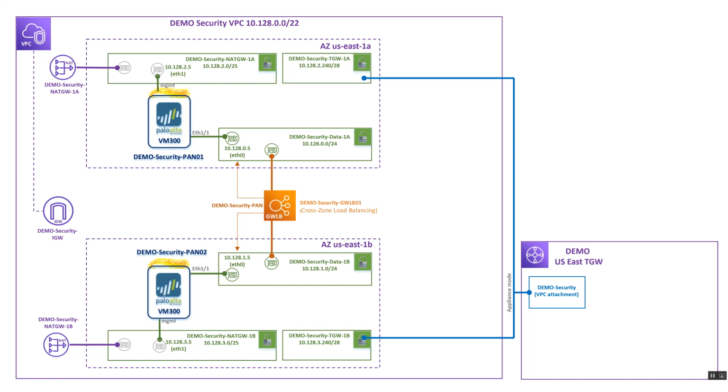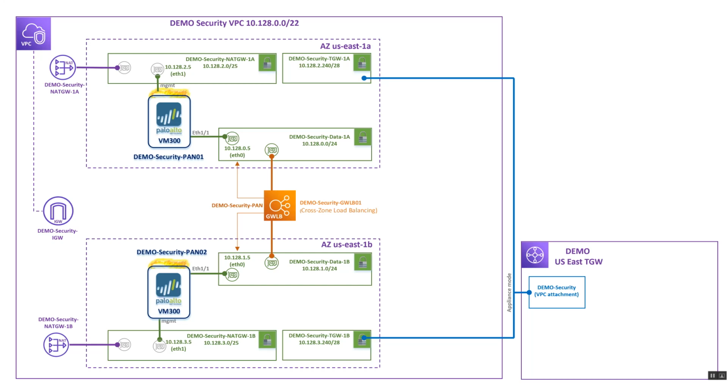One of the things about the Palo Alto is we have to make sure that the Palo Alto is configured with the data interface first and then the management after that, and then we can swap the interfaces as part of the deployment phase. But anyway, we are going to set the Palo Altos as the targets. It's an instance-based configuration, and the Palo Altos are also being monitored by the gateway load balancer.